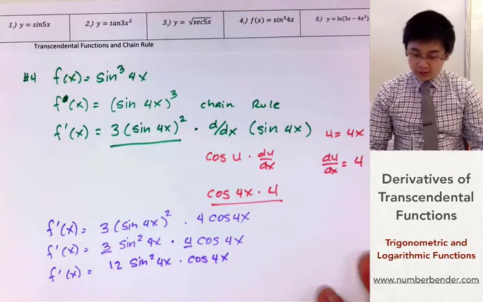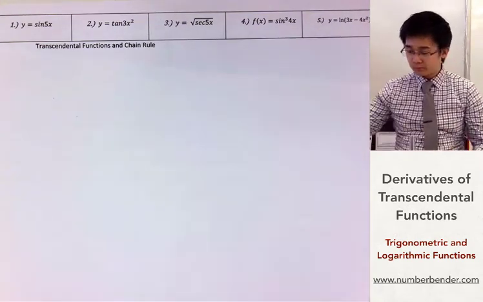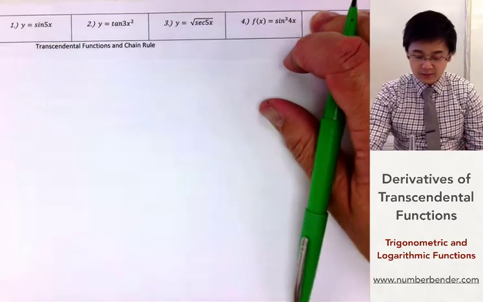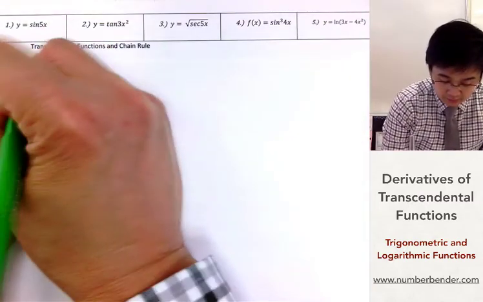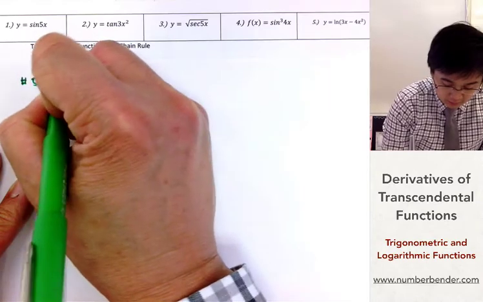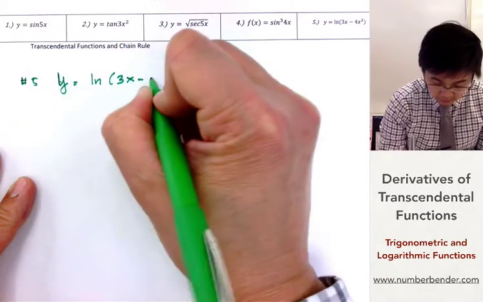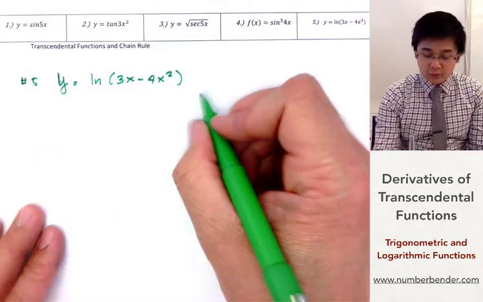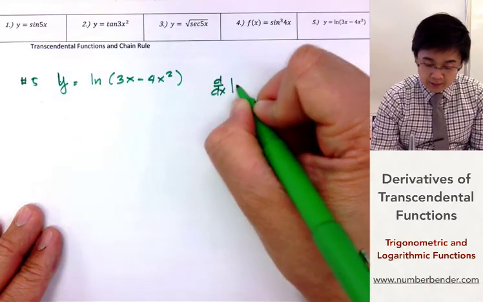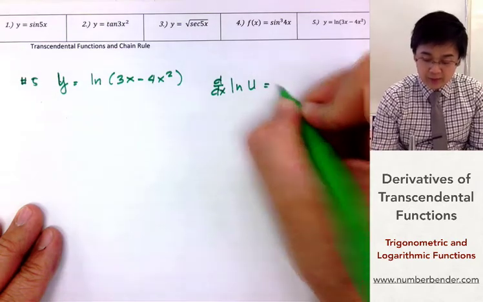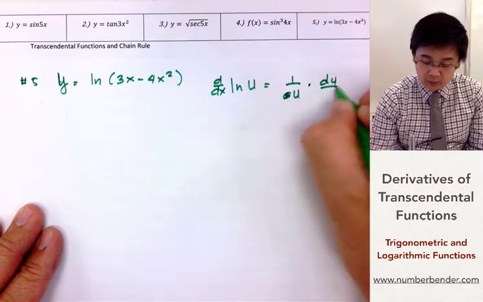And now for the last problem, number 5, we have the derivative of a function in terms of ln. Number 5 is y equals ln of 3x minus 4x squared. We know that the derivative of ln u with respect to x will be 1 over u times du dx.